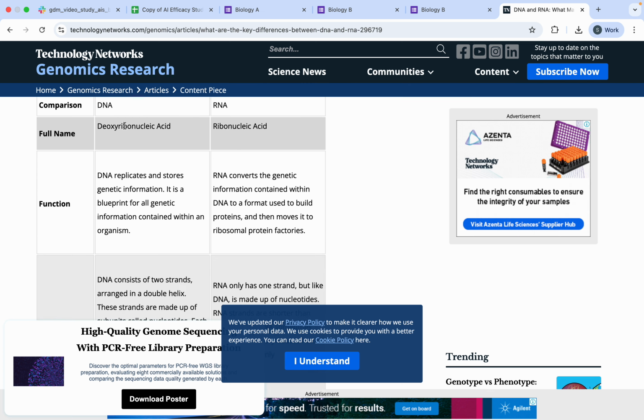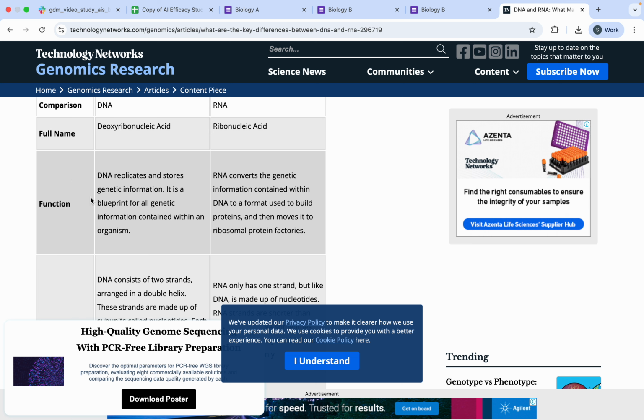Comparison of DNA and RNA. The full name of DNA is deoxyribonucleic acid, and here it is ribonucleic acid, and the function of DNA is that DNA replicates and stores genetic information.